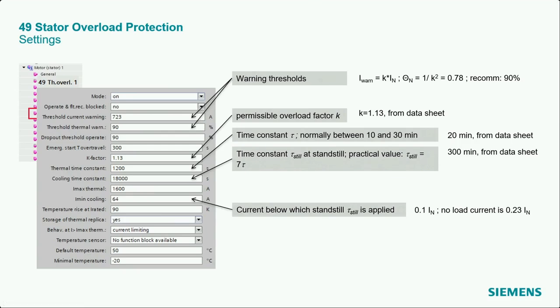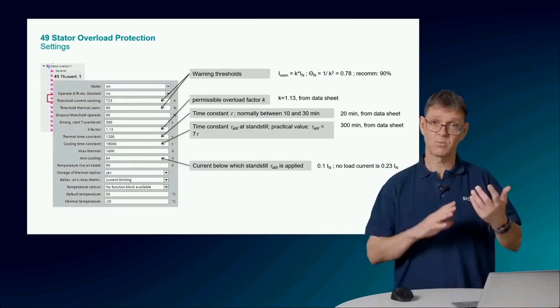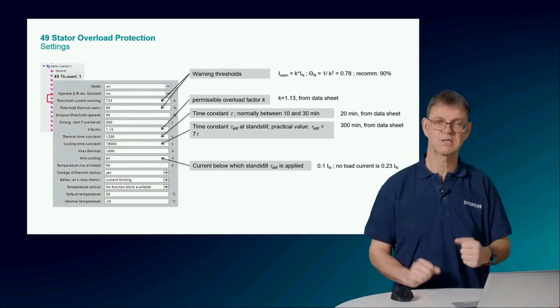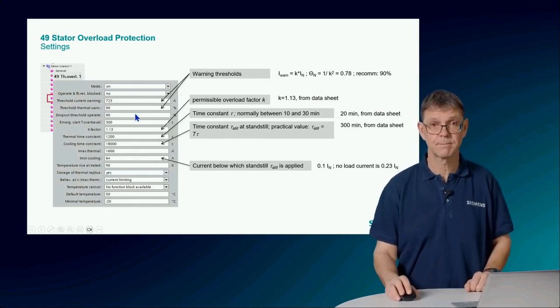What is the temperature under nominal conditions or normal load conditions? Let's assume it's the nominal current. Then you find out that this temperature is 1 over K squared. So in our case, 1 over 1.13, which is 78%. That means I need a value somewhere in between, and I just left it at 90%, which is our default value here.